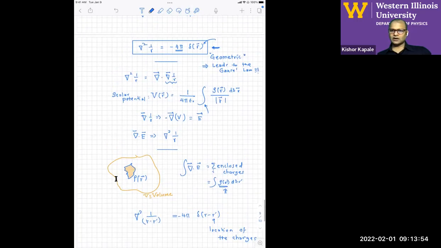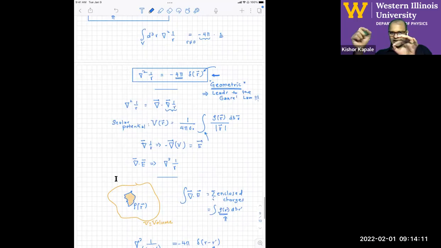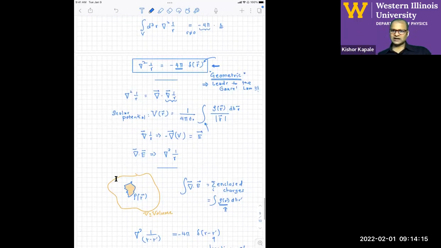It is always going to be the charge that is enclosed by that volume. That's because of this geometric property of three-dimensional space: the angular integral over theta and phi is always 4 pi, and it does not matter so much what the r part is. Okay, everybody with me? Does that kind of make sense?